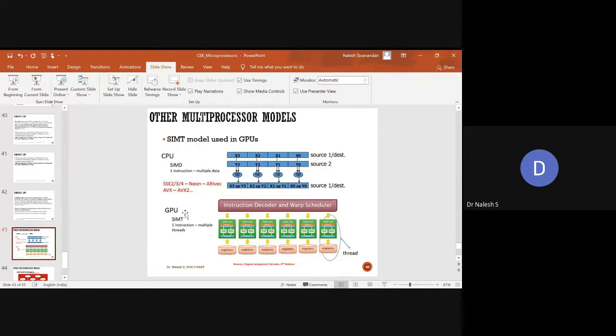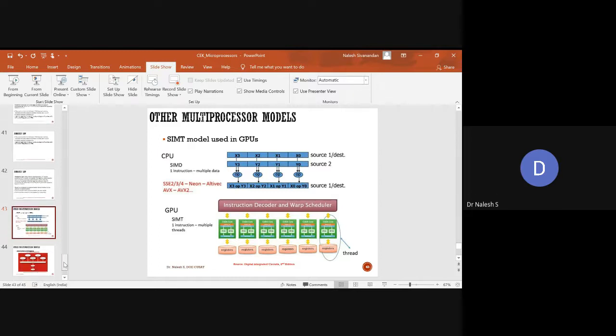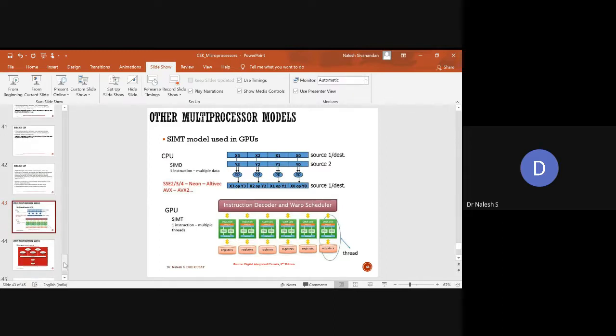That is the model in GPU, and they have optimizations in hardware to enable this. GPUs have become more powerful than the CPU because more and more parallel programs are coming into the picture, especially with machine learning. GPUs are very good at executing those.